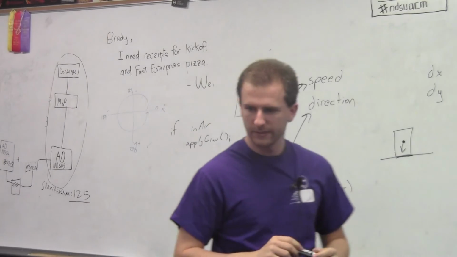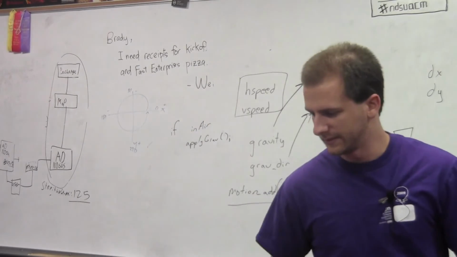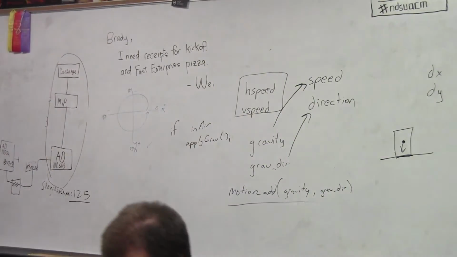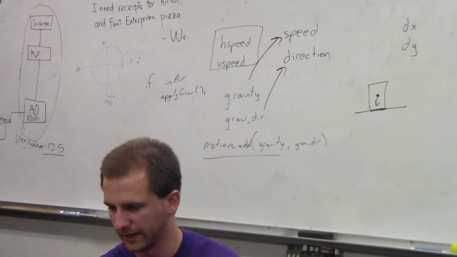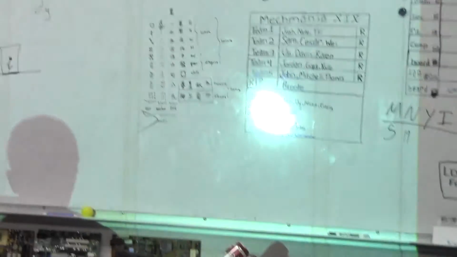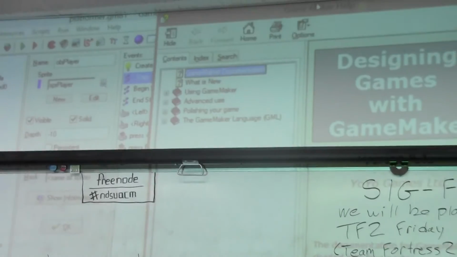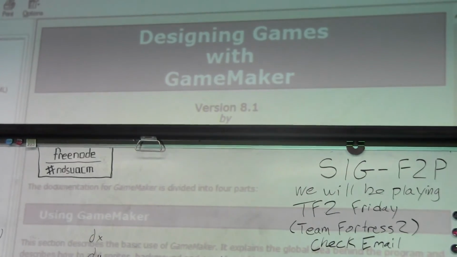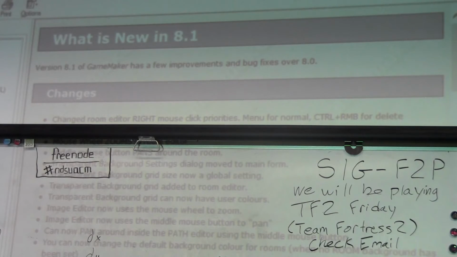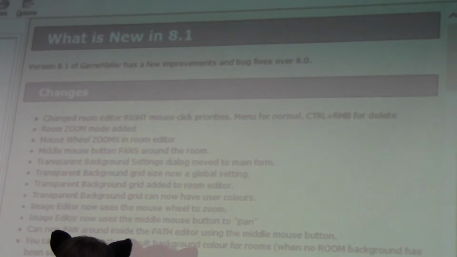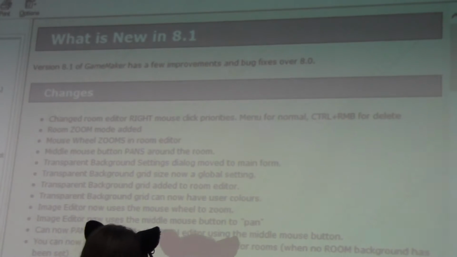That's probably one thing I should point out, is that GameMaker has a really, really good help system, a really good manual. If you go to the help contents, it's got an entire CHM, I think is what it's called, of pretty much everything in GameMaker.